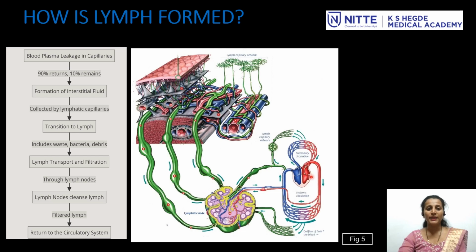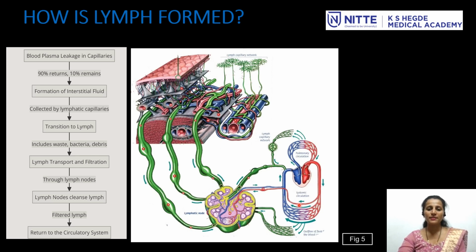Now the fluid bathes the cells in nutrients and carries away the waste. This is where the lymphatic system comes into action. The lymphatic capillaries, which are even smaller and more permeable than the blood capillaries, collect the interstitial fluid.